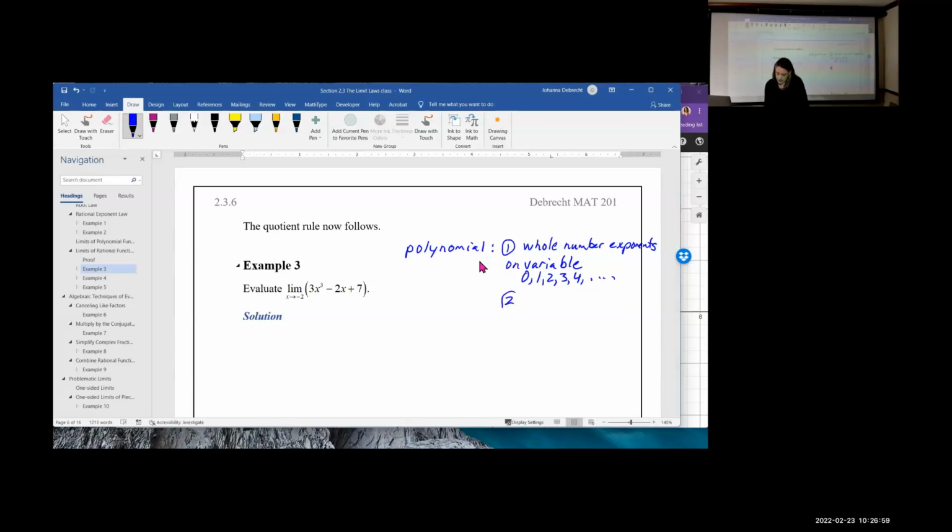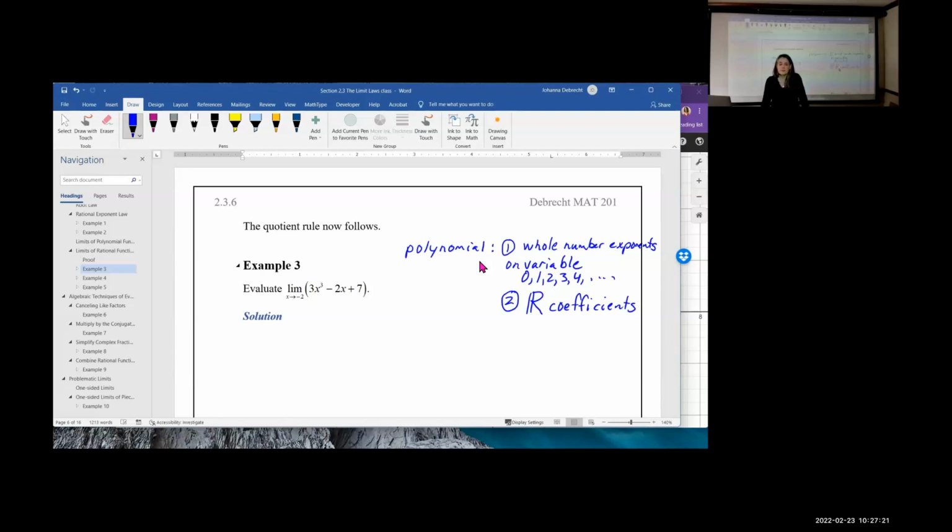And what's the second requirement to be a polynomial? It has to do with the coefficients. What kinds of numbers can you have as coefficients? Rational? More than rational. It's allowed to have pi as a coefficient.